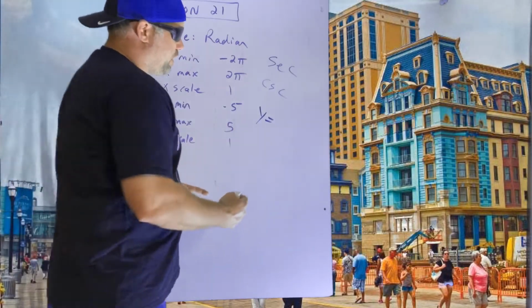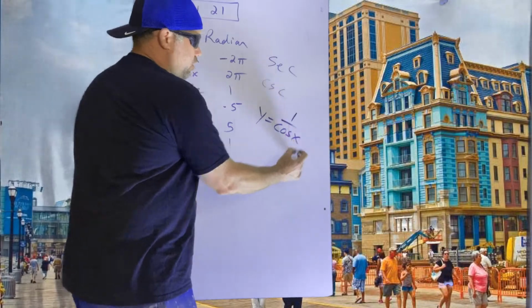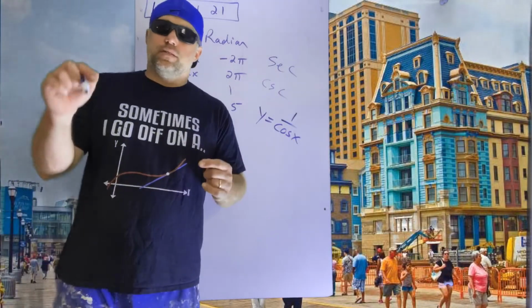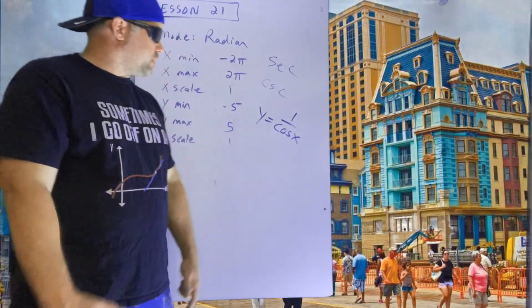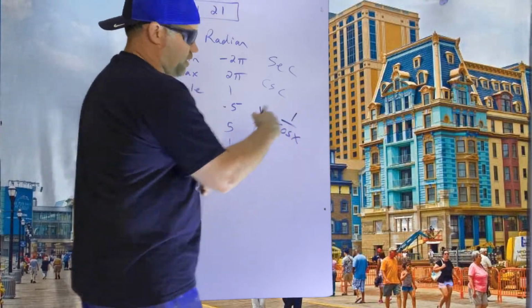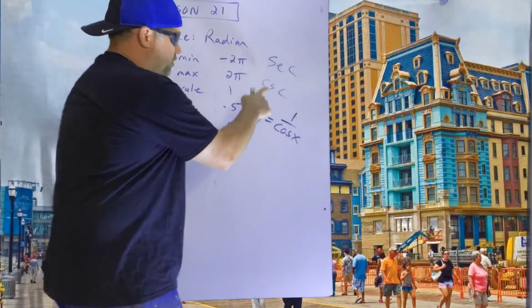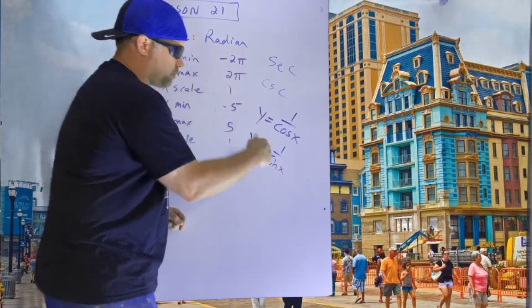So if you put in 1 divided by the cosine of x and hit graph, you'll see a picture of secant. And I also want you to do that with cosecant, and to do that, you're going to do 1 over sine x, because they're reciprocals of each other.